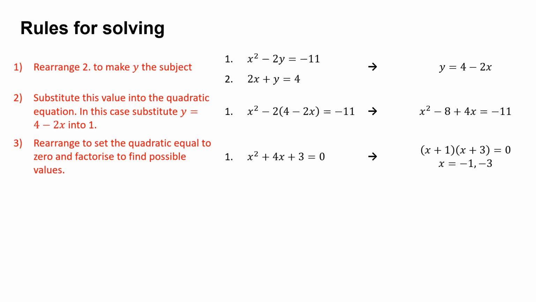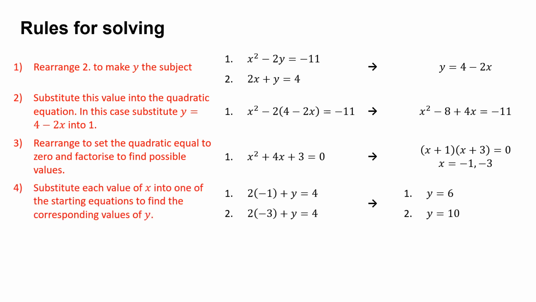Now, in this case, this nicely factorizes, and we can factorize this as x plus 1 times x plus 3, which equals 0. So this gives us our solutions to x as -1 and -3. And now we need to work out what our values of y are for each value of x.